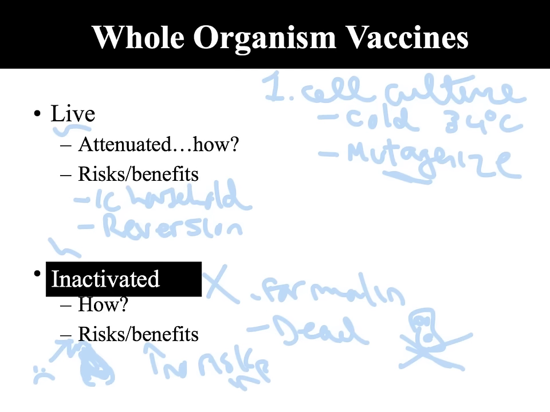A great example of this is that we all require an annual flu shot. Most of the flu shots that we get as adults are inactivated. Our flu shot can't adapt. It can't be shifty or drifty in any way. It can't change.